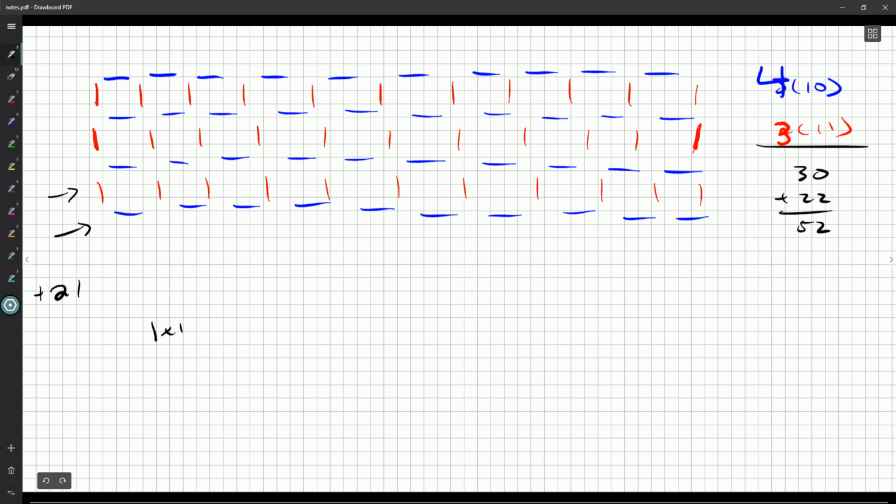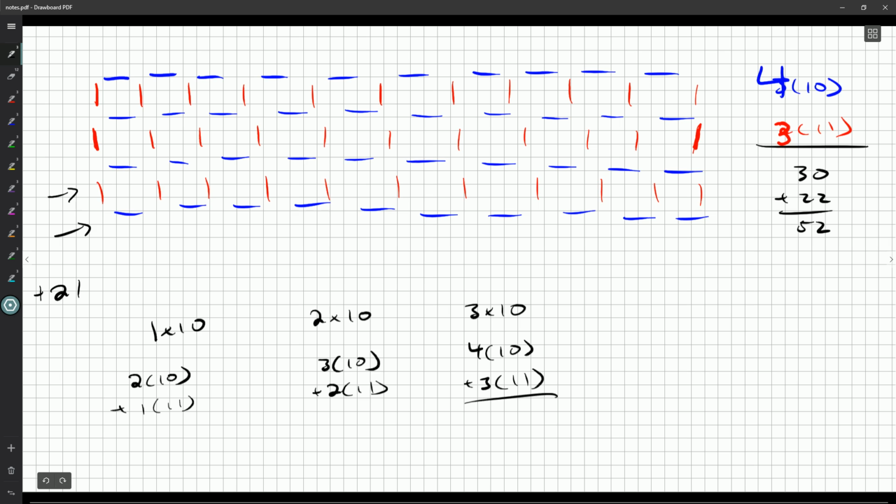When it was a 1x10 grid, we had 2 tens and 1 set of 11. When it was the 2x10 grid, we had 3 tens, 3 sets of blue toothpicks, and 2 sets of red toothpicks, 11 each. When it was a 3x10, we had 4 sets of 10 toothpicks and 3 sets of 11 toothpicks each. Now, how am I getting these numbers?